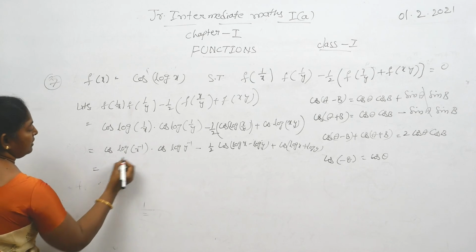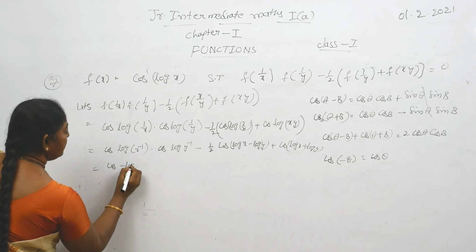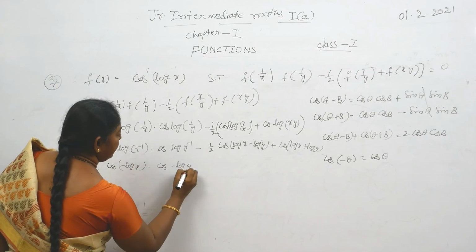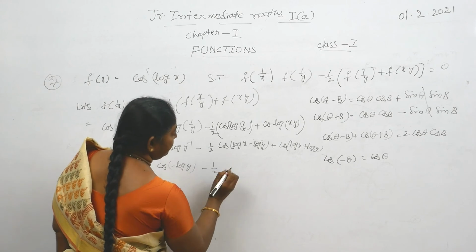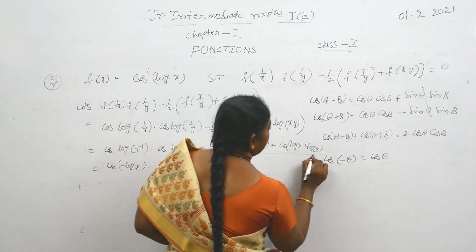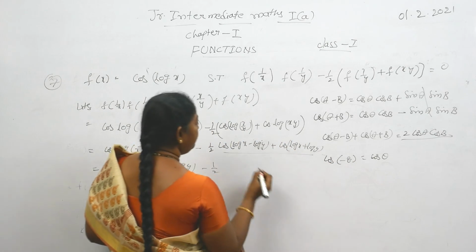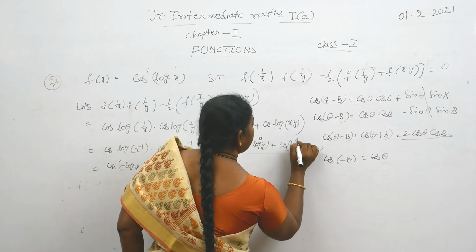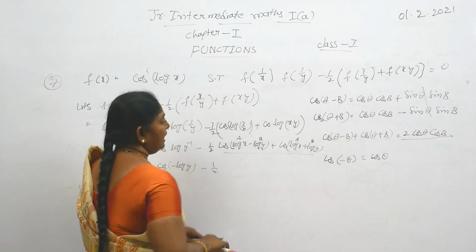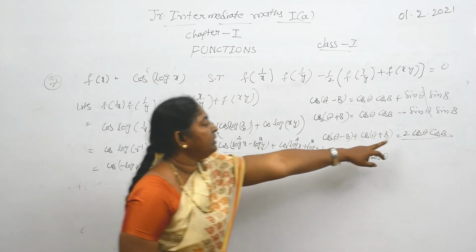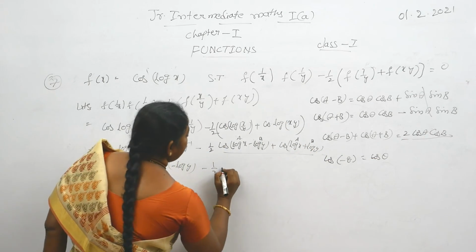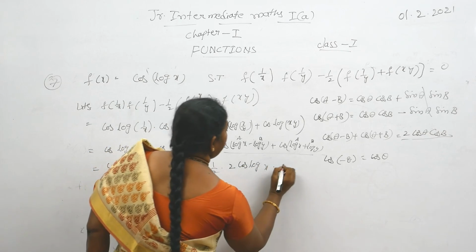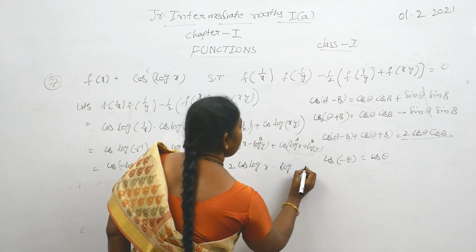So here cos(-log x) into cos(-log y) - 1/2 into, this is like this formula. So here log x = a and log y = b. So cos(a - b) + cos(a + b) = 2 cos a cos b. So here 1/2 into 2 cos(log x) cos(log y).